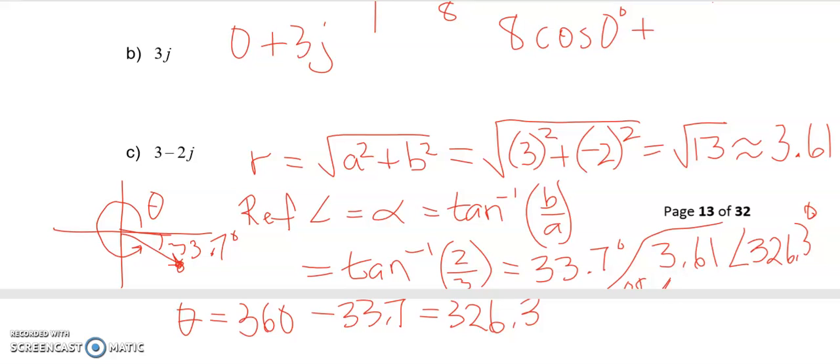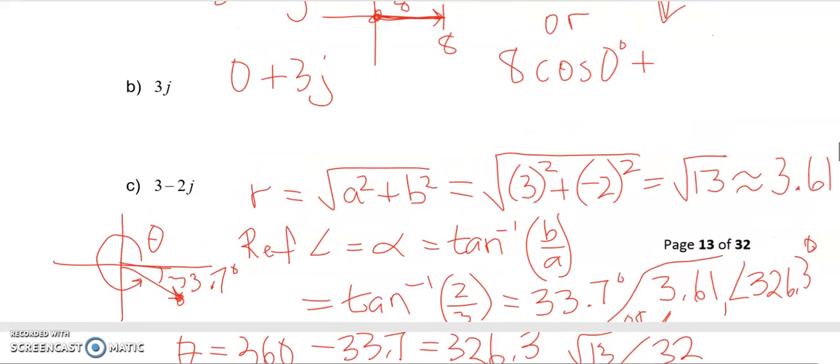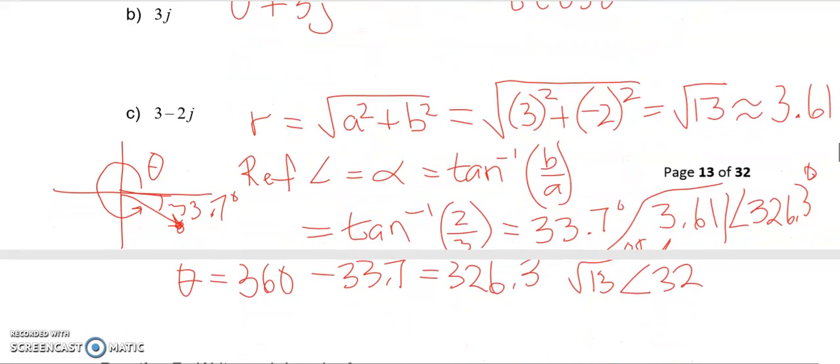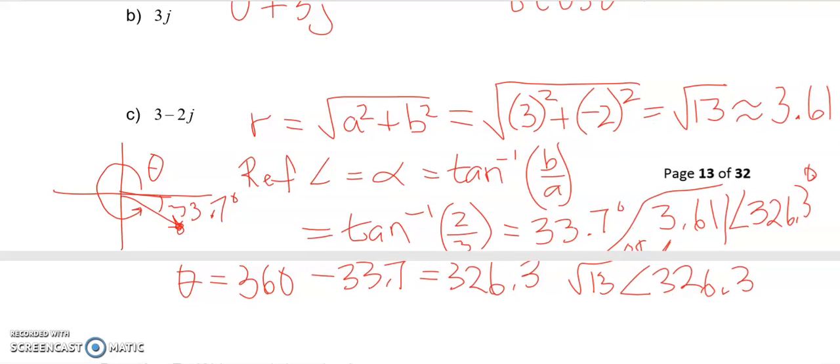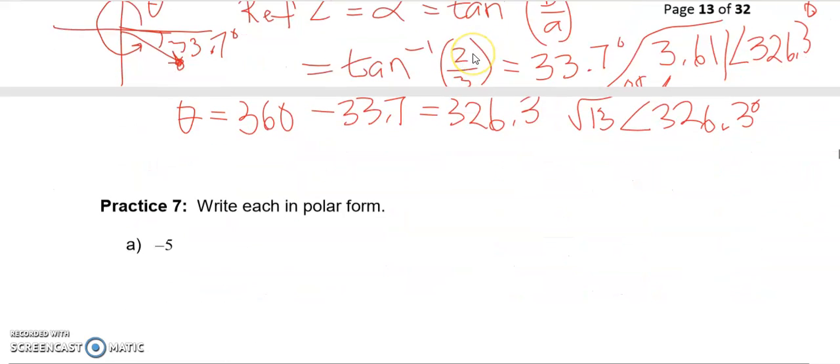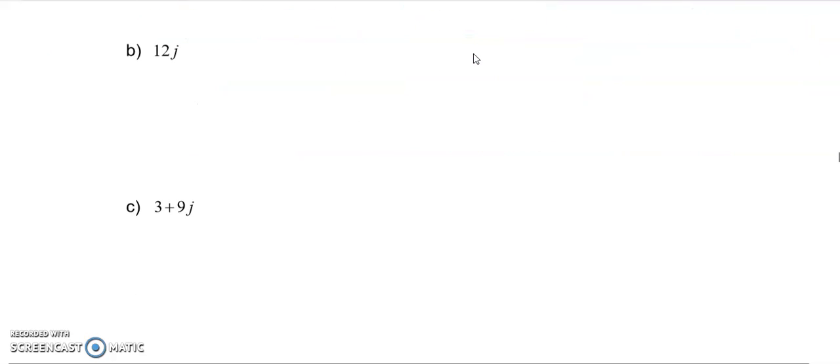You could call that root 13 in front, and then 326.3 degrees. All right, so you could do it either way. I can't get my degree symbol. Oh, there it is. So I'll leave the other ones for you to try on page 14.